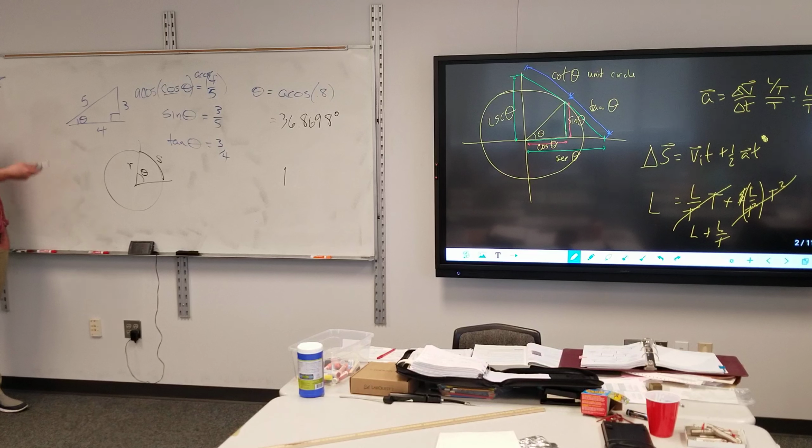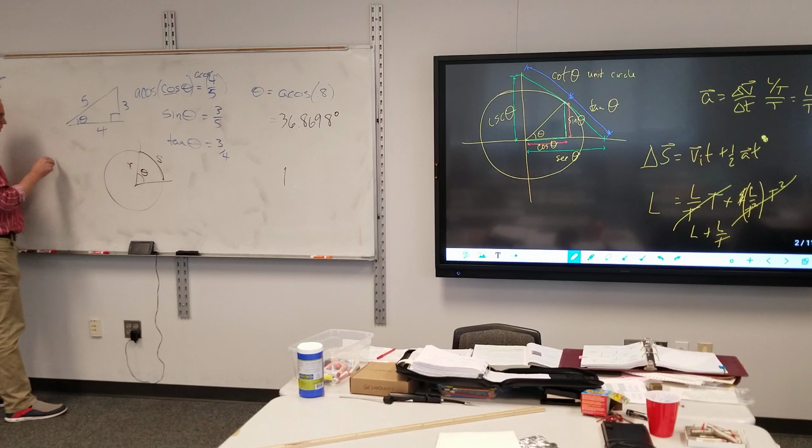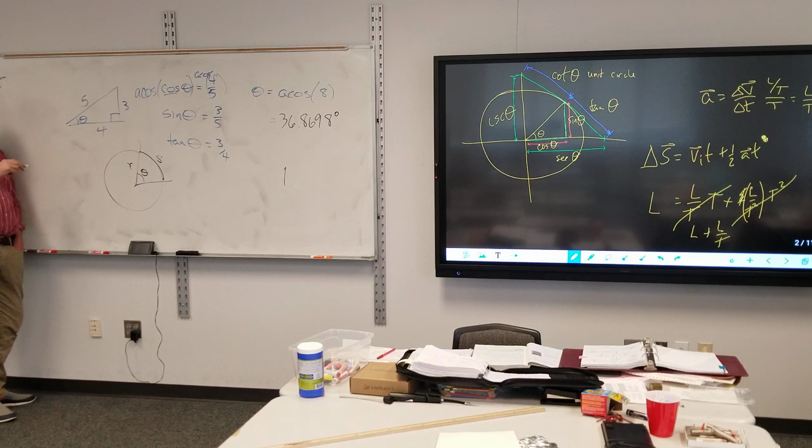All right, so let's just take the full circle. If I go around the entire circle, so S is the circumference. What is the circumference of a circle formula? 3.14r, or pi r squared. Not pi r squared. 2 times pi r. There we go, 2 pi r.